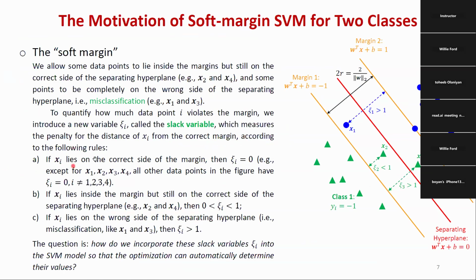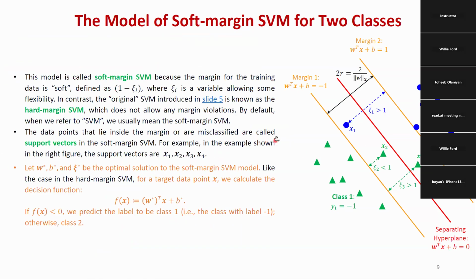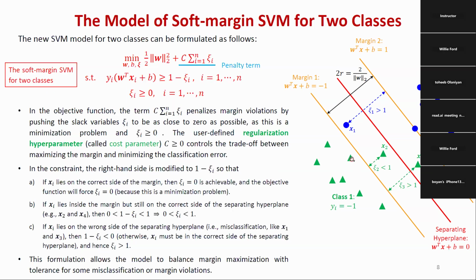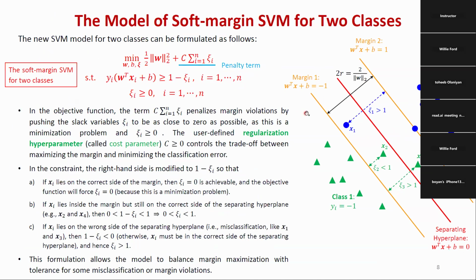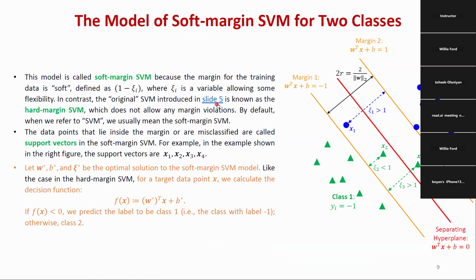So that's the thing. The next thing I want to mention, before we define here, points that lie on the margin as support vectors. Okay, in the definition, points that are on the margin or violate it, or misclassified.